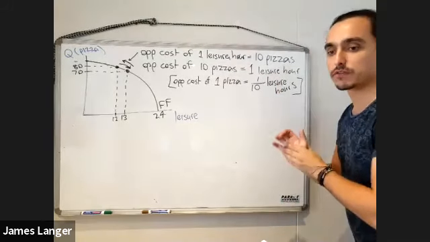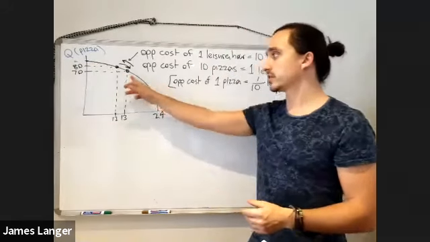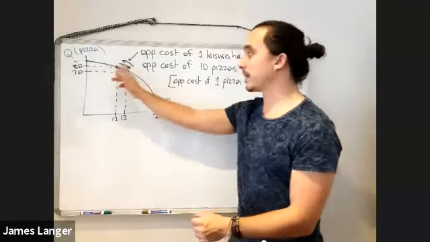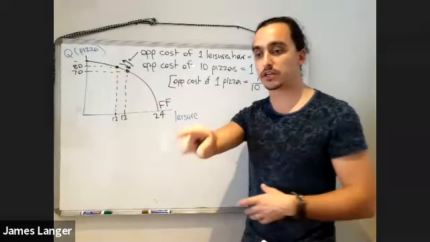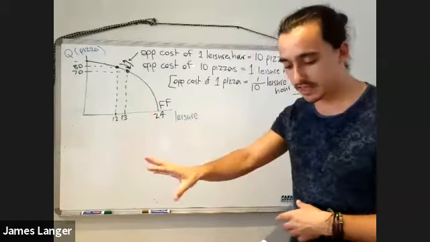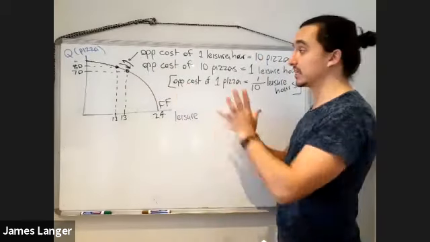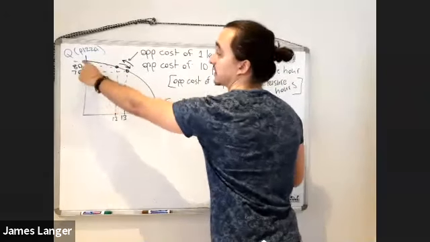Fantastic, cool. So we've got the feasible frontier, which shows the various options that we can have of leisure and pizza. And so basically, moving up and downwards, we can deduce what the opportunity cost does. And this goes back to the question about the MRT, which we'll define in a second. But really, before we even define the MRT, let's just look at what it means. If I go from this point to this point, I have to give up 10 pizzas.